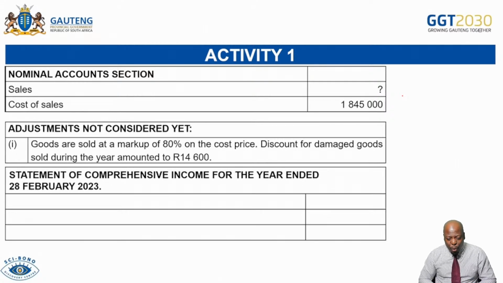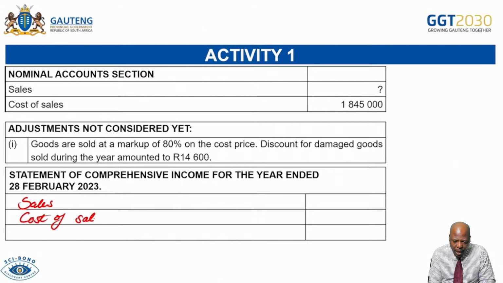Here is our statement of comprehensive income for the year ended 28th February 2023. And then we begin off definitely with our sales. So I'm going to come here and I'm going to say sales over here. And then I am given cost of sales. So I'm coming here and I'm saying cost of sales.